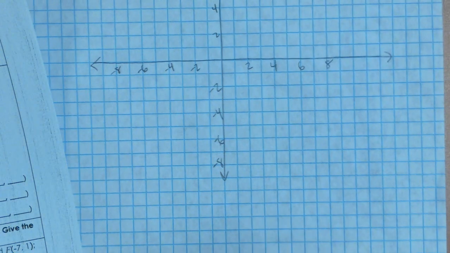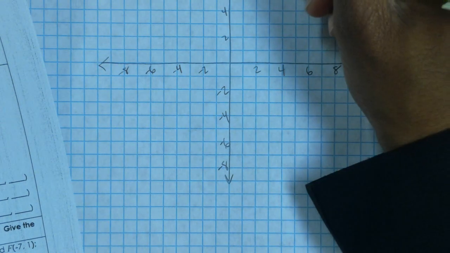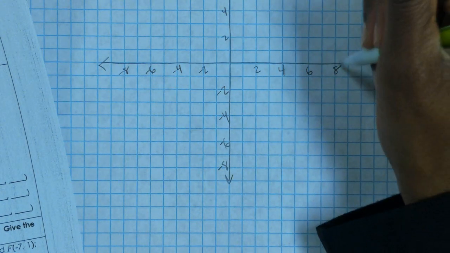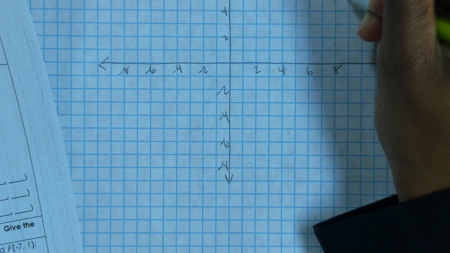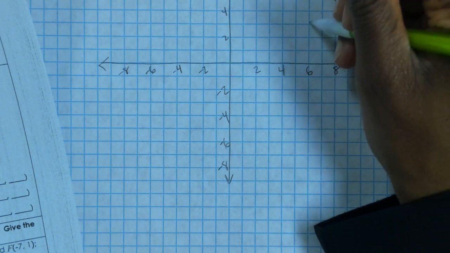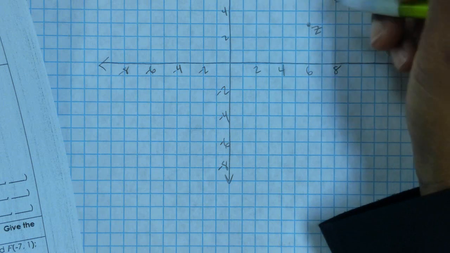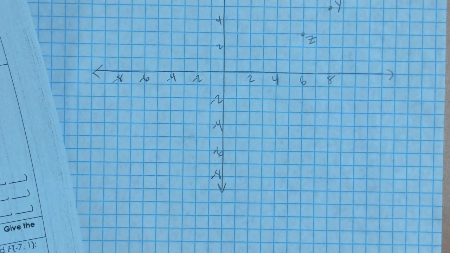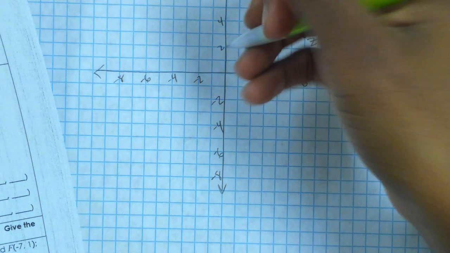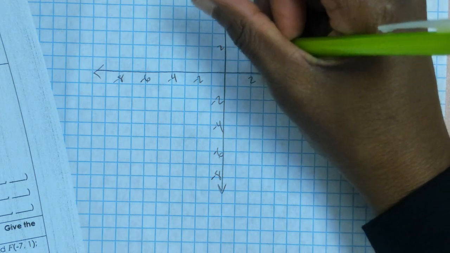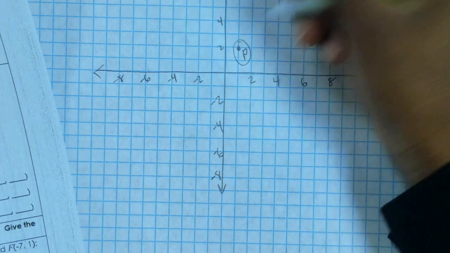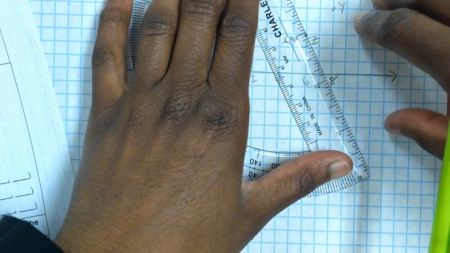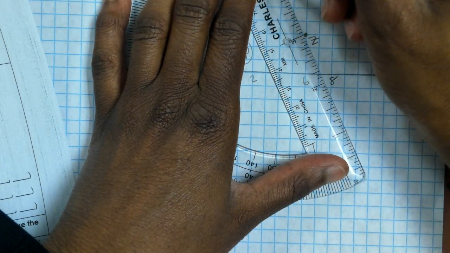Okay, so 4, 7, way up here, 8, 5, and 6, 3. So those are original points, and we want to rotate them around point P. So P is at 1, 2. This is all coming from your sheet. So that's our center of rotation. And we want to rotate it 90 degrees counterclockwise.